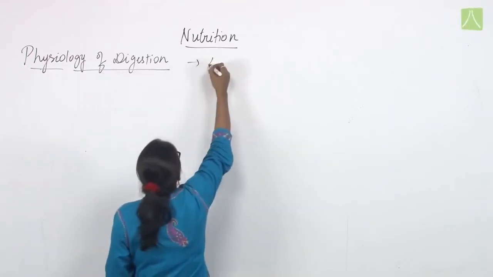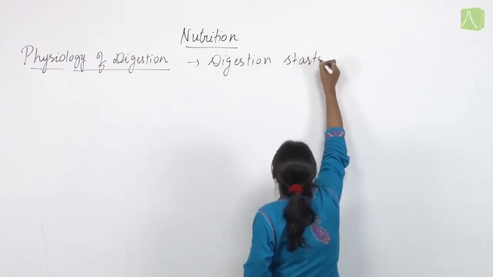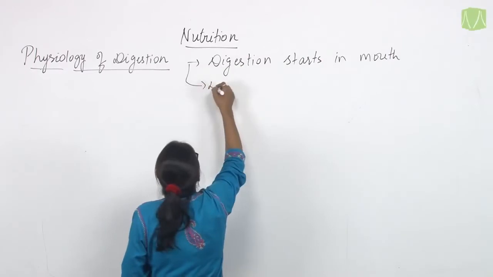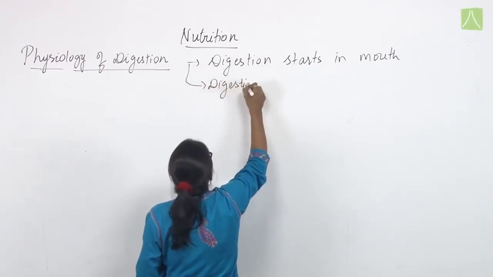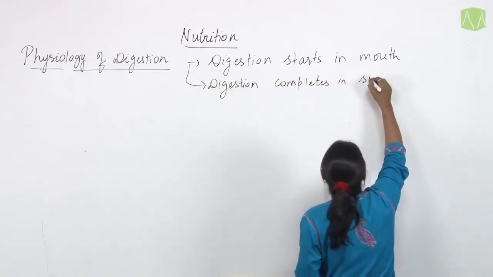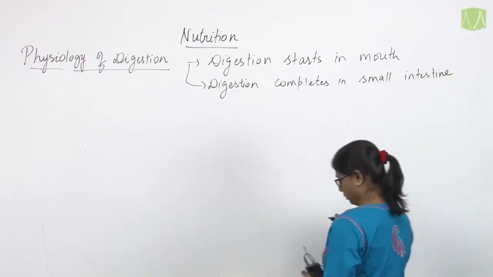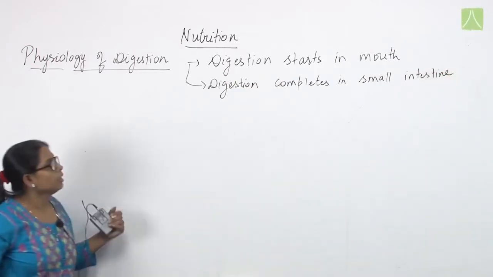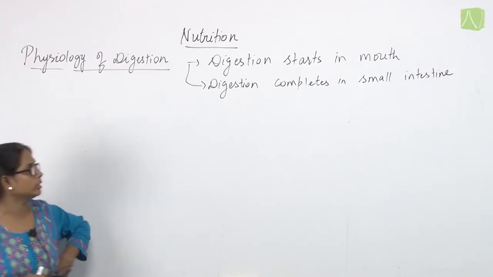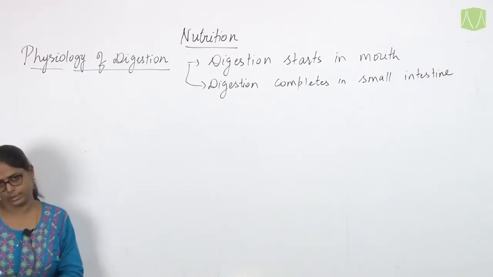So, you can say digestion starts in the mouth and digestion completes in the small intestine. That means the digestion process starts in the mouth itself and completes at the duodenum part of the small intestine.